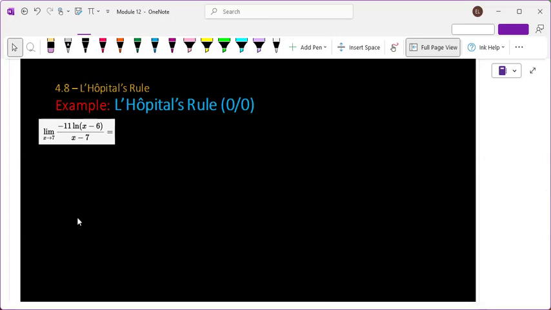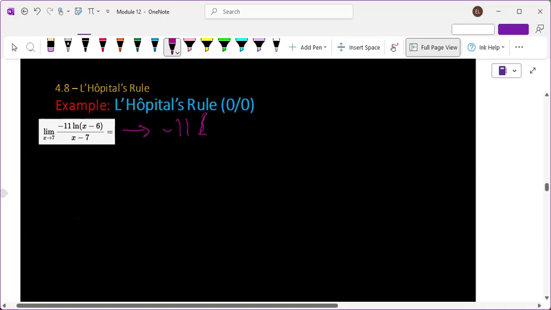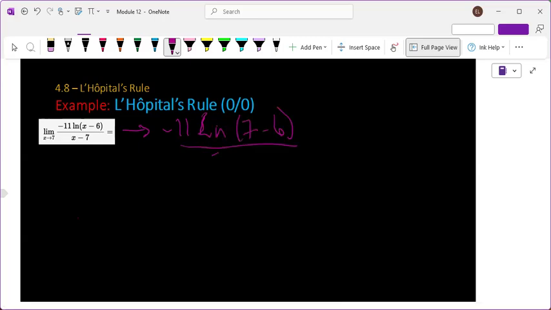So let's see what happens on this guy. So we do our substitution, negative 11, the natural log of 7 minus 6 over 7 minus 7. So it's a 0 on the bottom. And then we have the natural log of 1. So remember, natural log is undoing an exponential.